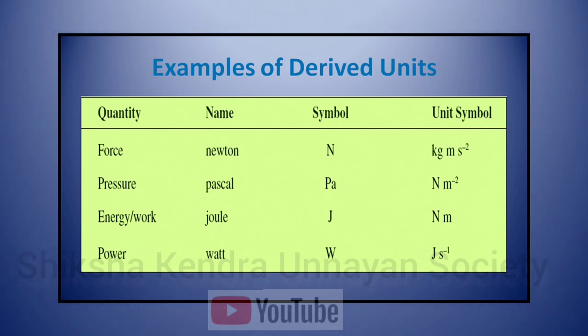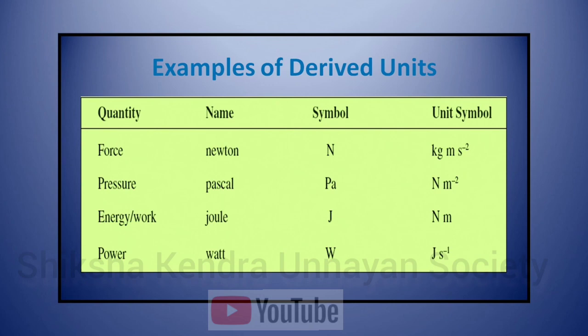For force, the unit is Newton. Its symbol is capital N and if you derive the unit from base fundamental units, it is kg meter per second square. Here you can see the three units used, kg, meter and second, are base units.